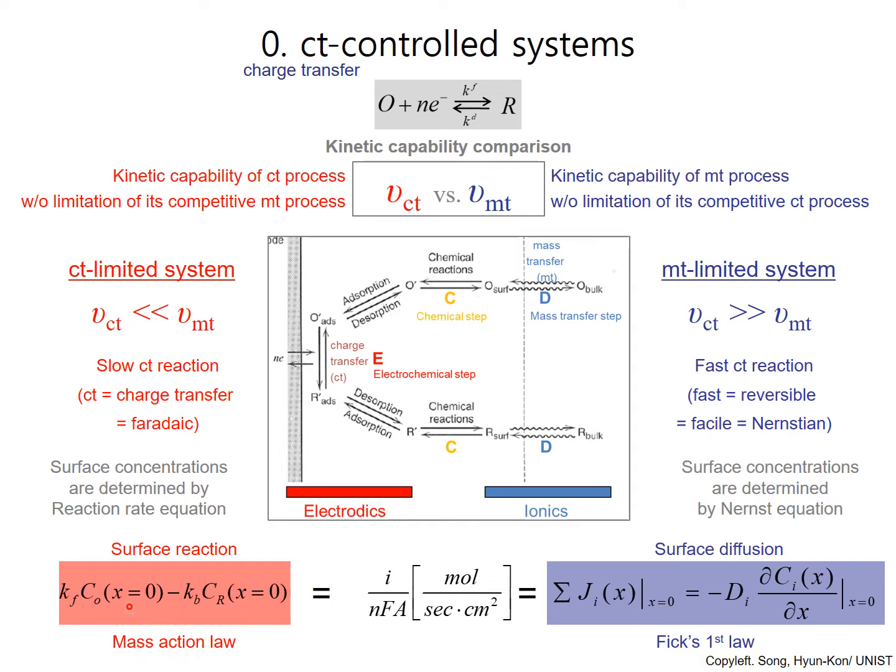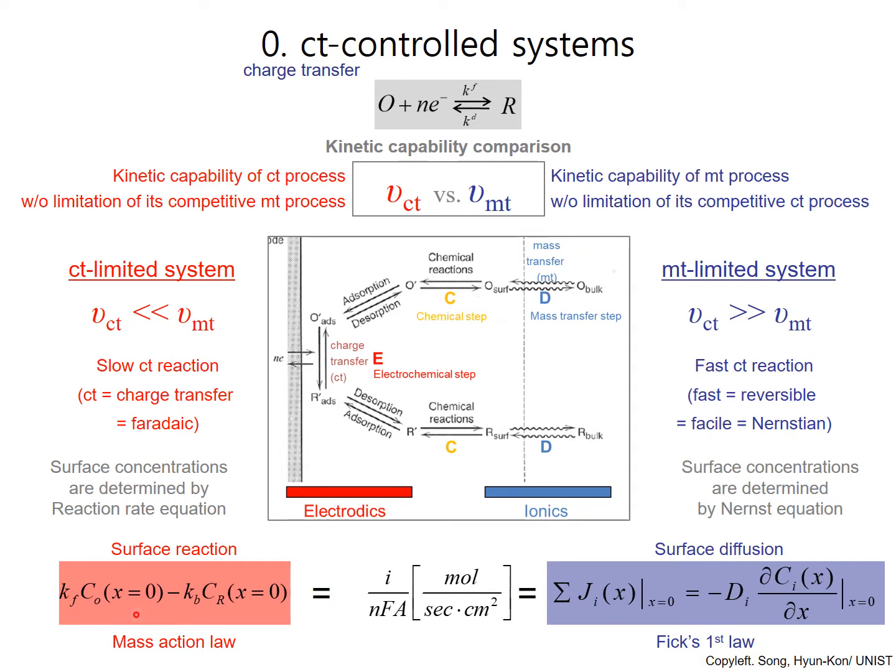What is that? The overall reaction rate can be described by the rate of the forward reaction minus the rate of the backward reaction. Each reaction rate can be described by the product of the rate constant with the surface concentration of reactants.